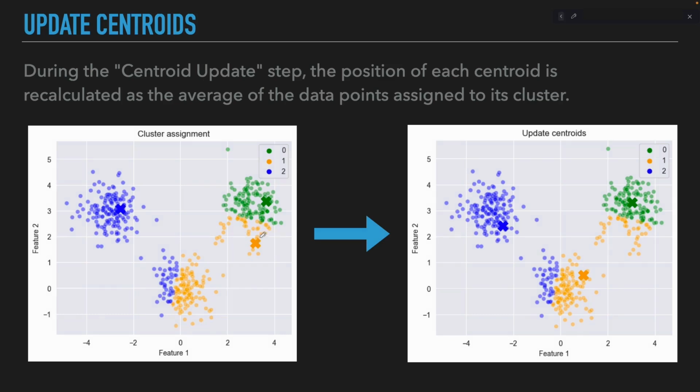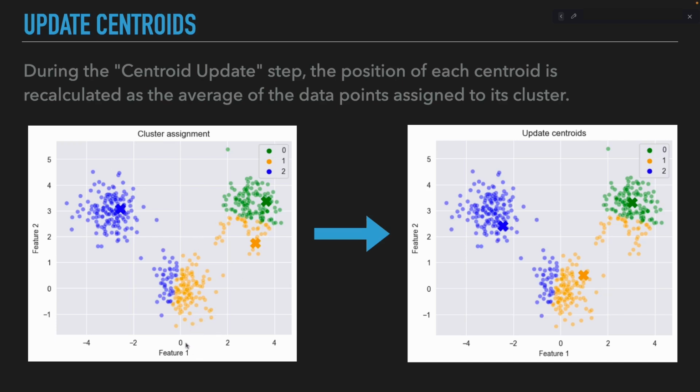So we will move our centroids to a new location in order to make them a good representative of the current cluster. And we will do this by calculating new coordinates for each centroid. Let's take the example of this yellow cluster.